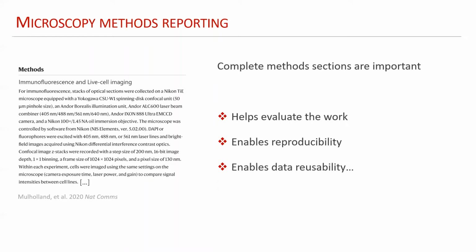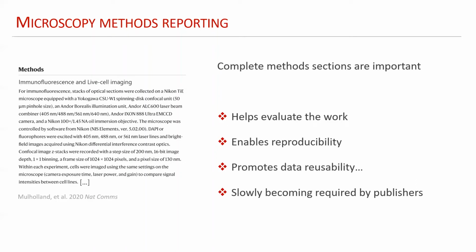Thirdly, complete method sections and well-curated data sets promote data reusability, something which is a bit more common in the world of next-generation sequencing compared to imaging. And finally, slowly but surely, publishers are starting to require that method sections be more complete and contain enough information for reproducibility.